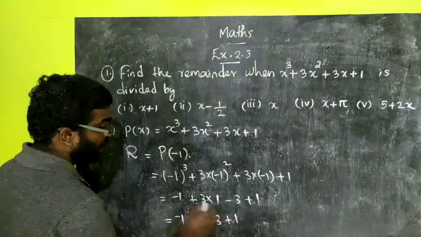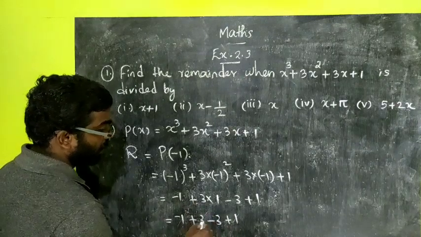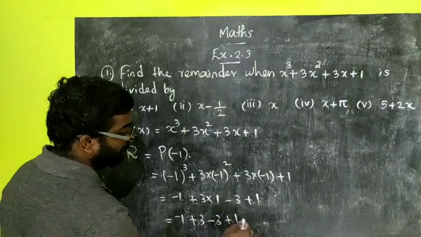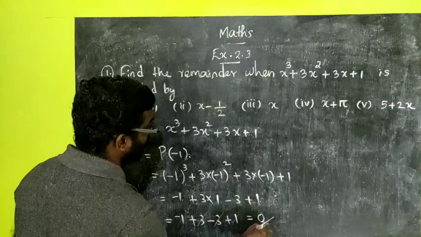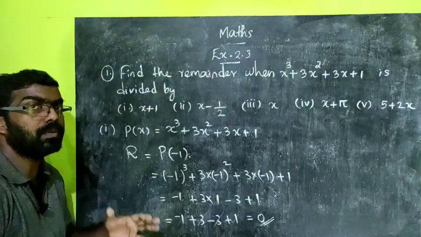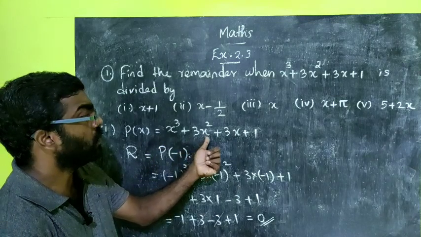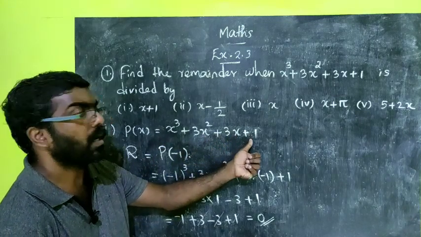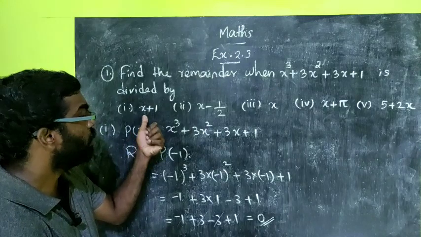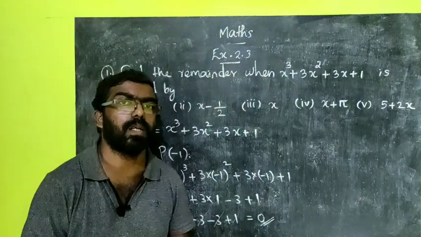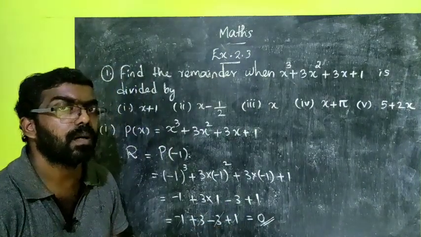Minus 1 plus 1 we can cancel, plus 3 minus 3 we can cancel. So the answer is 0. That means the remainder obtained when dividing the polynomial x cube plus 3x square plus 3x plus 1 by x plus 1 will be equal to 0. The remainder is 0. Clear?